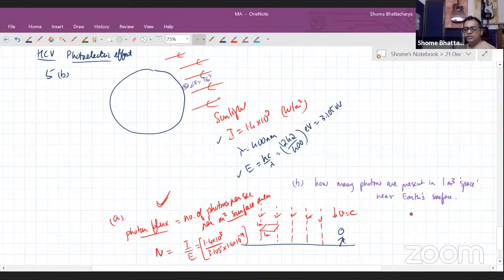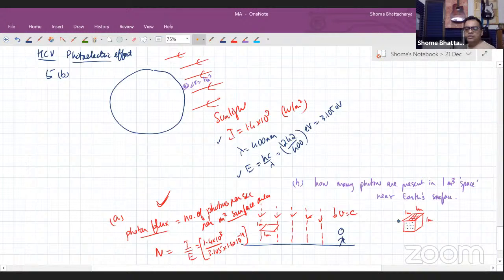Now from this, imagine that you are taking a cubical box of 1 meter by 1 meter by 1 meter. Through this surface per second, so many photons are entering. Now you have to just calculate how many photons are present inside this box.